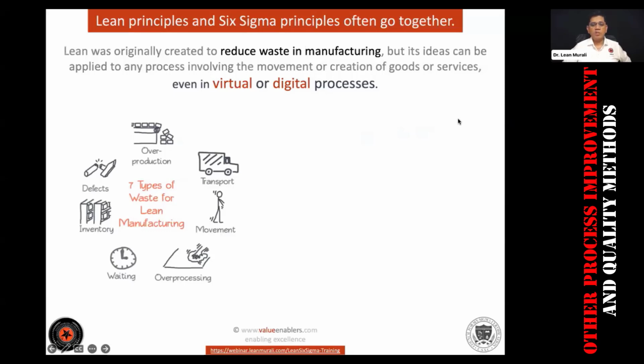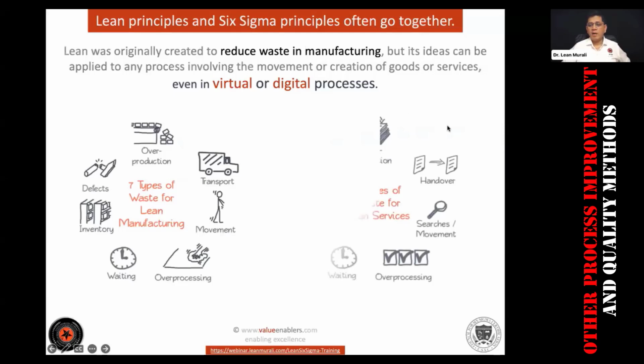But what I want to share with you is that this is not only in manufacturing, but there are 7 types of waste in services also. Okay, overproduction. How many of you agree that we do overproduction in services? Type agree in the chat box. And there are a lot of handoffs and handovers, right? It is a waste, right?